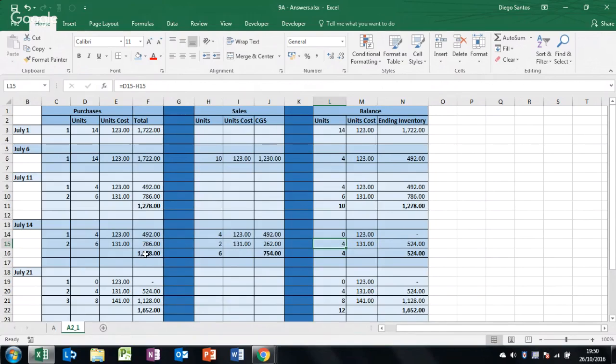Another way to see that is we take out the total of the purchase inventory and we diminish it by the cost of goods sold. It will give us yet our 524 in the inventory for July 14.